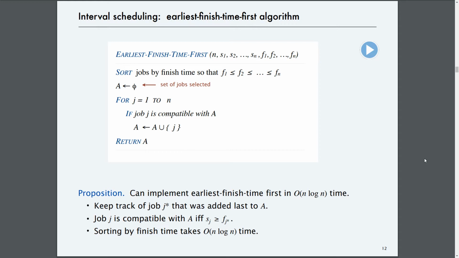So in total, O of n log n. We'll just keep track of the job that was added last to our set. And if our current job's start time is greater than or equal to the last job's finish time, then we can add it to the set.